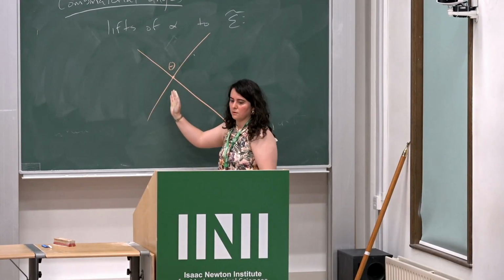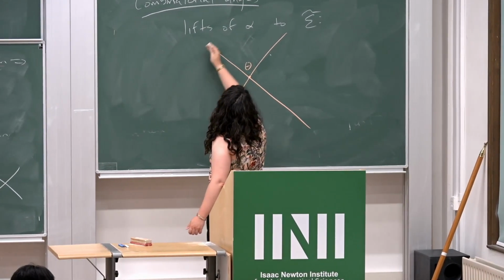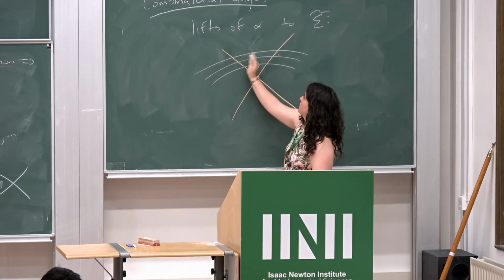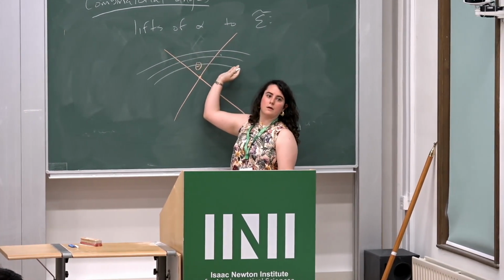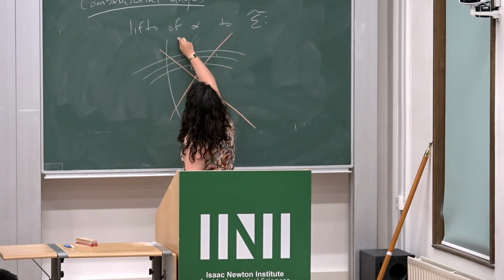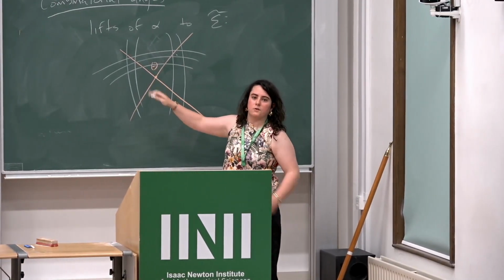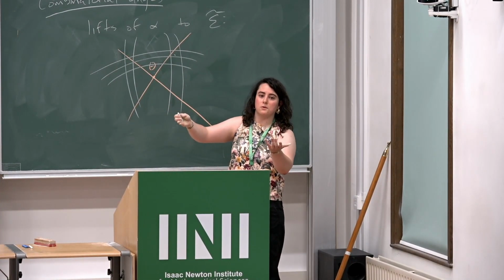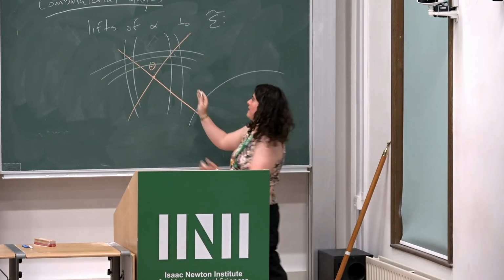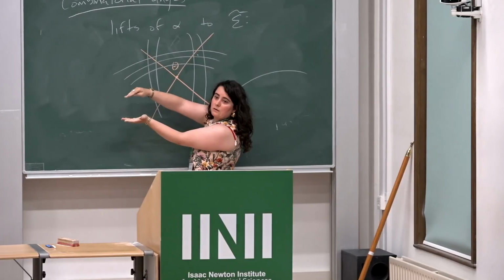At this intersection point, I'm going to look at all the other lifts of the curve that intersect this way. They intersect both of the arcs that form the intersection, and all of the ones that go this way. This is a finite number. Of course, there are infinitely many lifts in the universal cover, but most of them do something like this. There are finitely many that intersect in this direction, and finitely many in this direction.